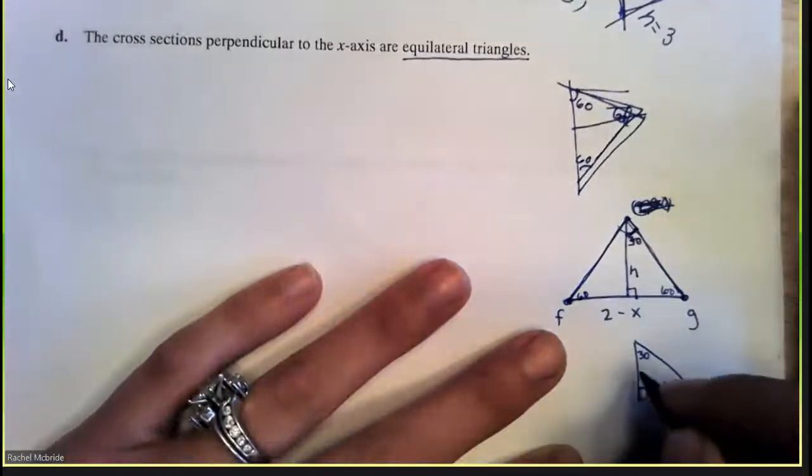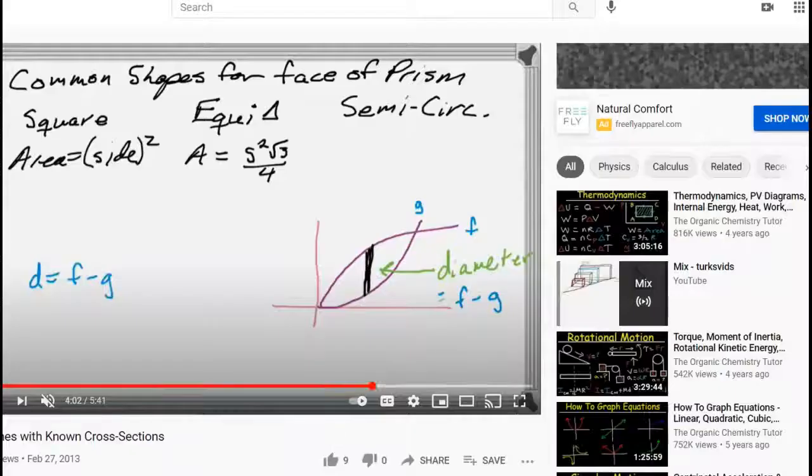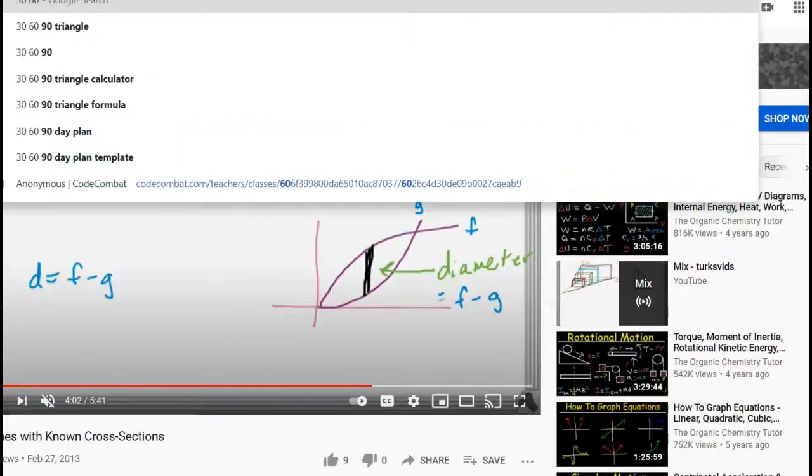And if I want to find this side right here that represents my height, then you could say, well, you have two choices. You could have had your 30, 60, 90 triangles memorized. So if you go back to a 30, 60, 90 triangle, let me pull one up.